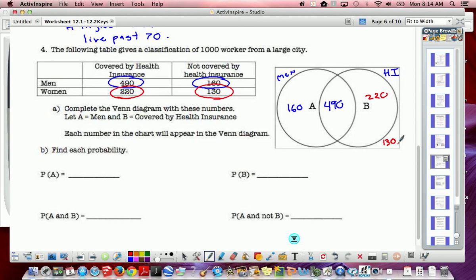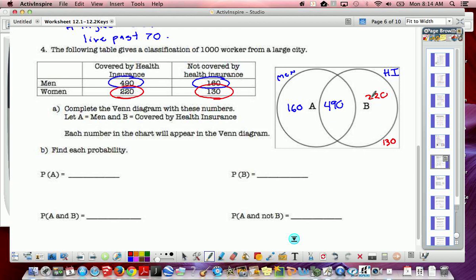So now the first question says, find the probability of A. The probability that they are basically a man within the survey. So one of the things I need to do is actually get the totals. So I need to add up all of these numbers. So I have to go 160 plus 490 plus 220 plus 130.